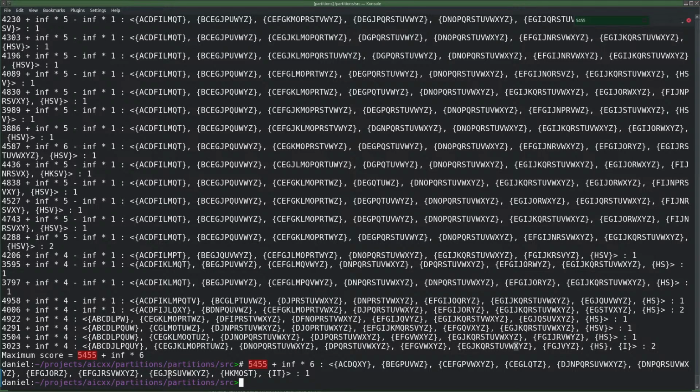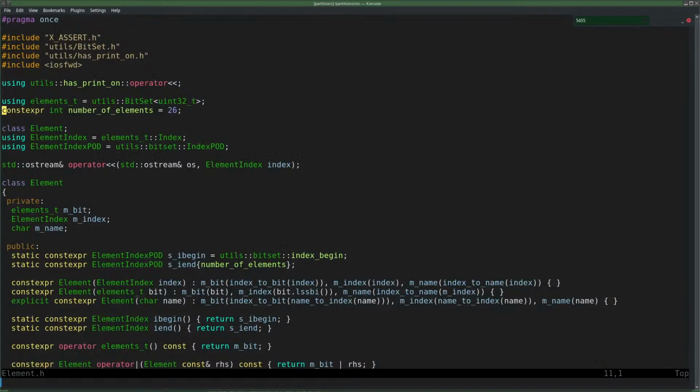So wait a minute. There's a bug. I see E in many. Ah, damn it. Why didn't I see that sooner? This is not working at all. Is that related to me trying 26?